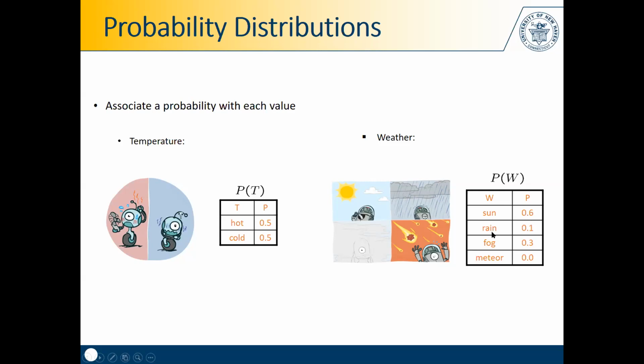The probability of the weather being rainy is 0.1. The probability of fog is 0.3. Now, this one down here is interesting. The probability of a meteor, or let's make it simpler, a meteor shower, something that doesn't really threaten us, is denoted here as 0.